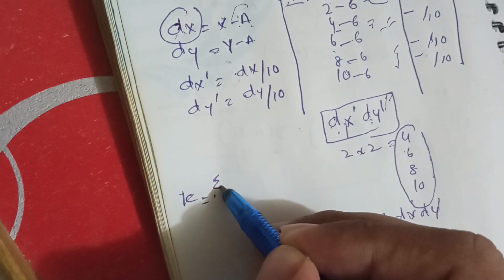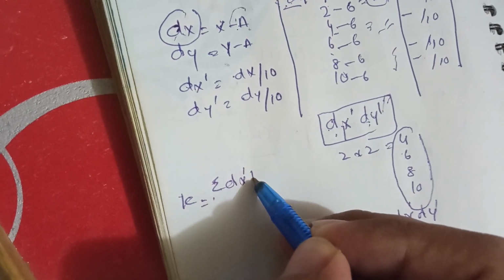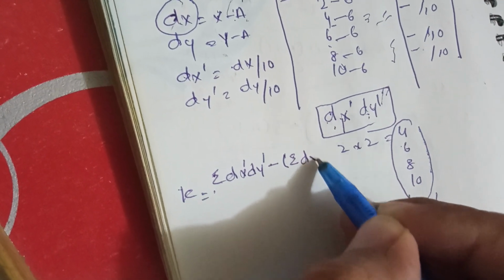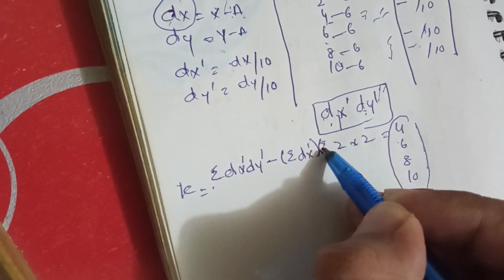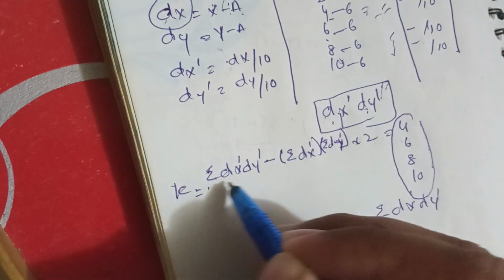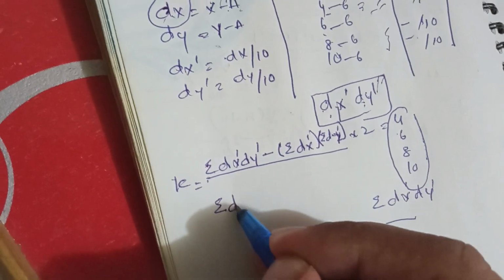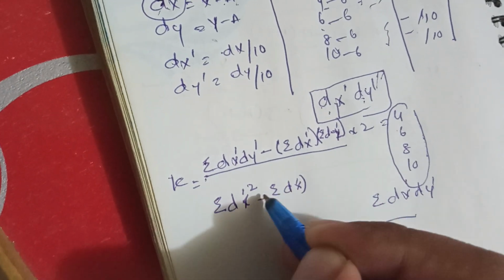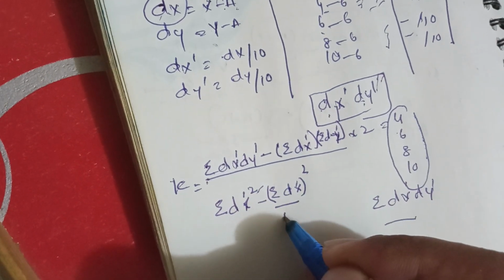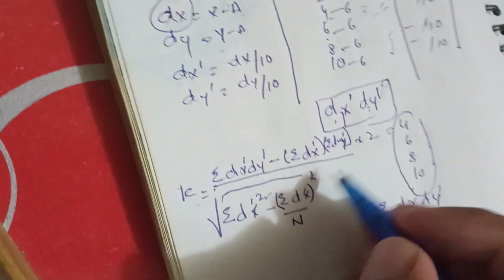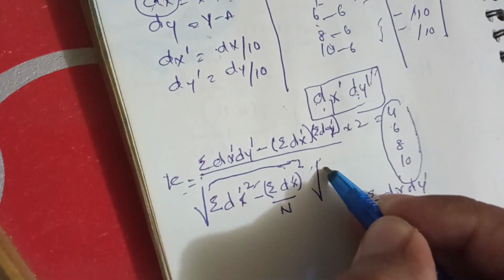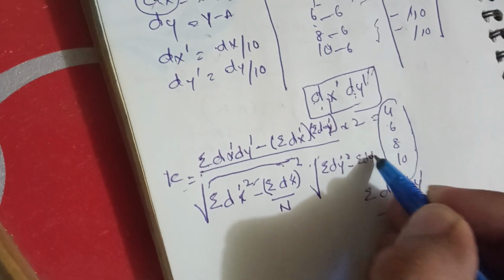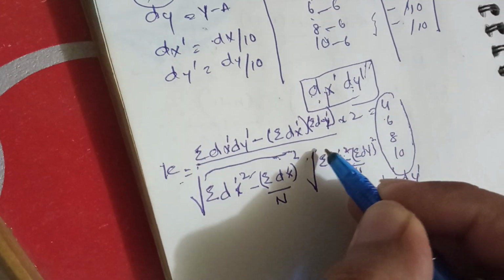That is the summation of dx bar dy bar minus the summation of dx bar into the summation of dy bar, divided by the summation of dx bar square minus the summation of dx bar whole square divided by n, then another one for dy, the summation of dy bar square minus the summation of dy bar whole square divided by n.